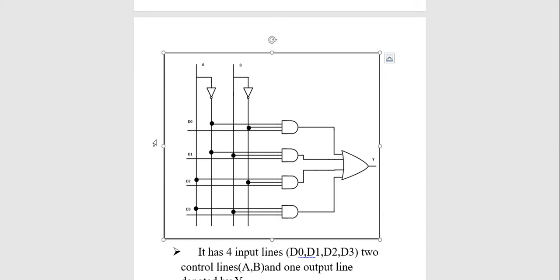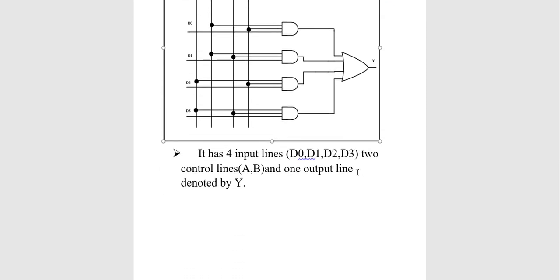The remaining will be disabled, and whatever output is generated will be given to the OR gate. And when you select both as 1, then the others will be disabled, and whatever output is generated by the fourth input, D3, will be given to Y, that is the output of the OR gate.